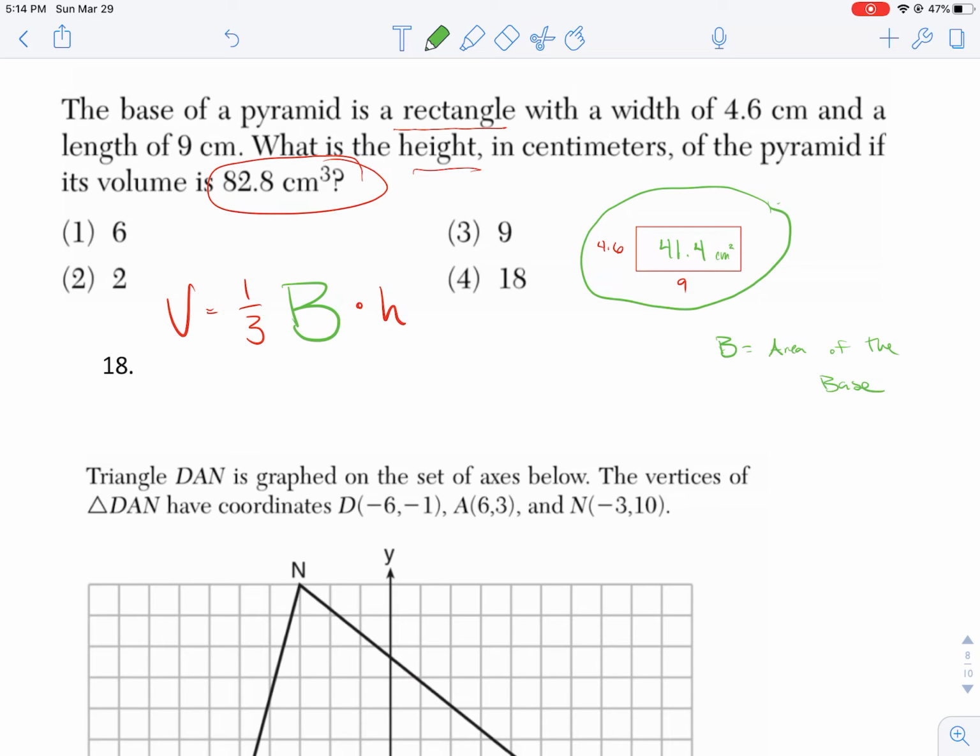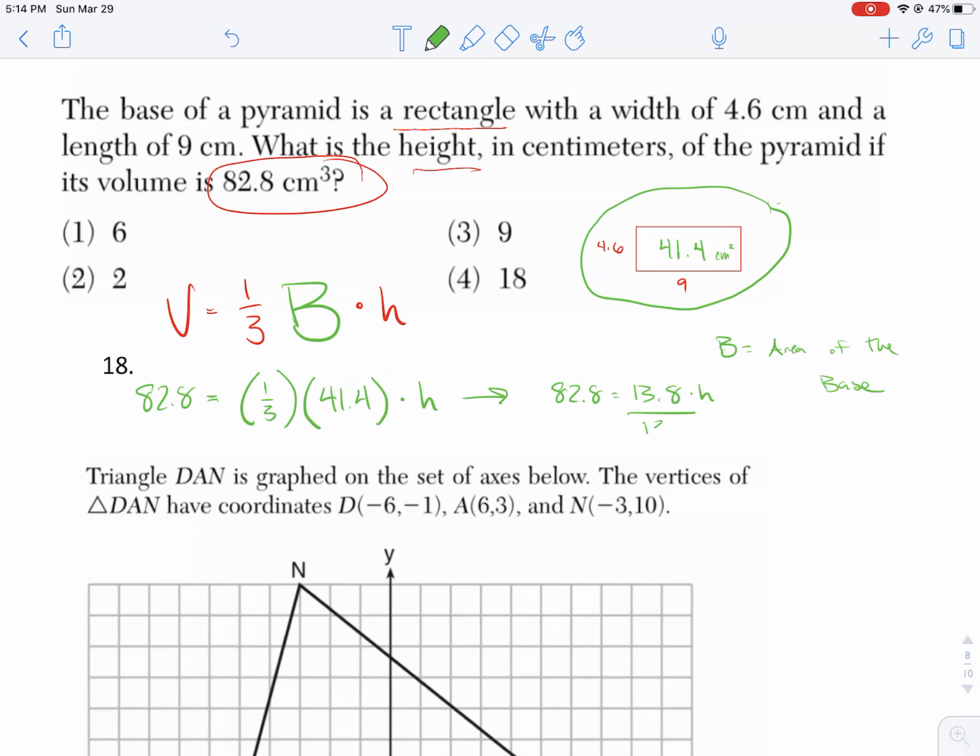All right, and then I think we can fill in the rest of this. The only thing we can't fill in is our height, right? So they give us the volume, which is 82.8. Here's the rest of our formula: 1/3 times the base, which is 41.4, times our height, which we don't know. All right? So when you simplify on the left, you get 41.4 times 1/3.